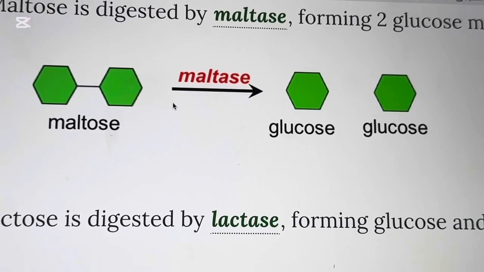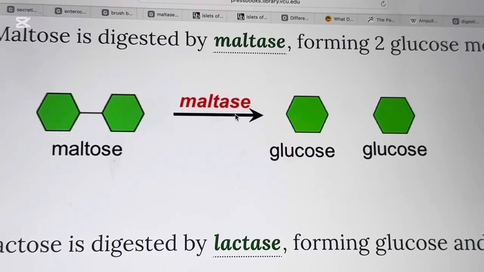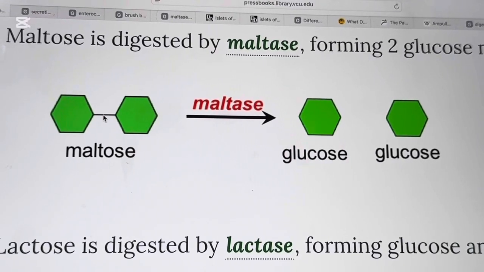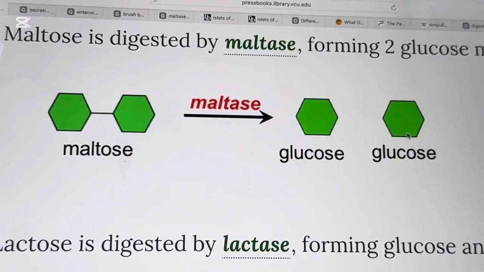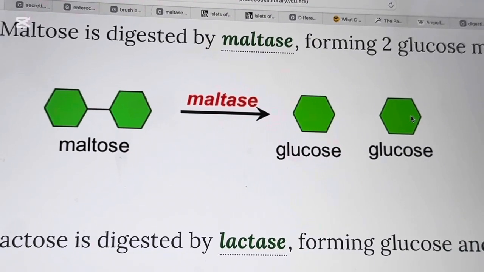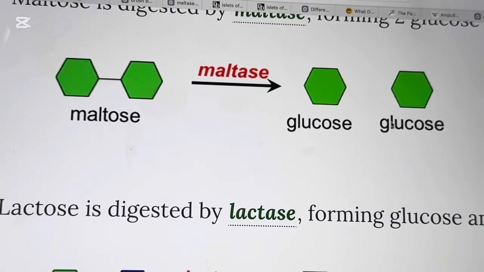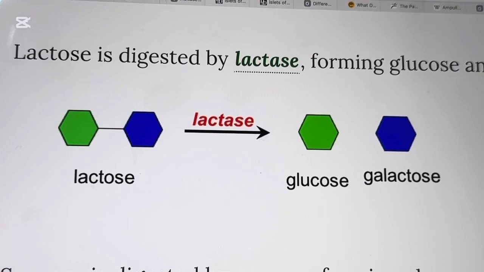The disaccharidase we have here is maltase. Maltase will digest maltose and convert it into 2 units of glucose. Next we have lactase.